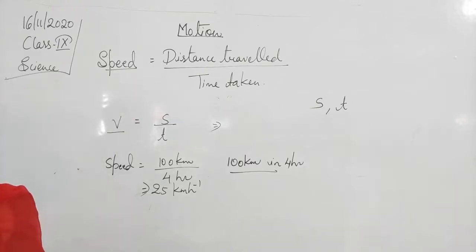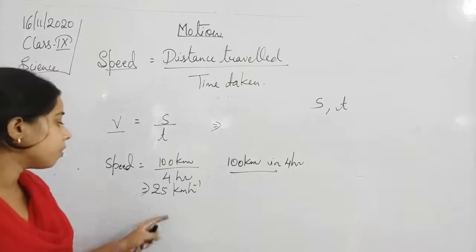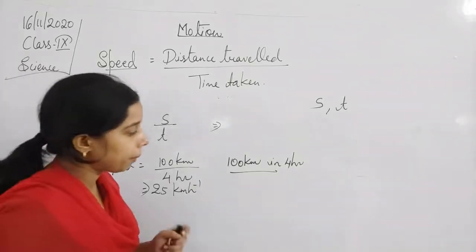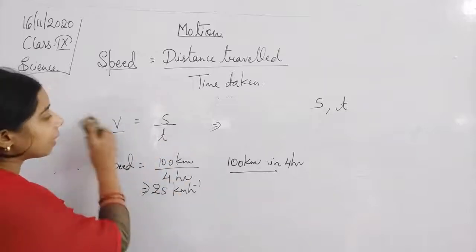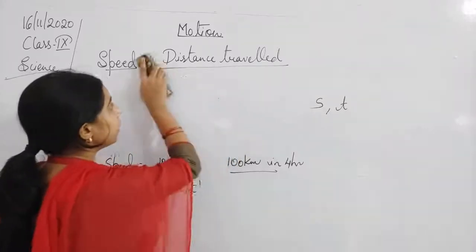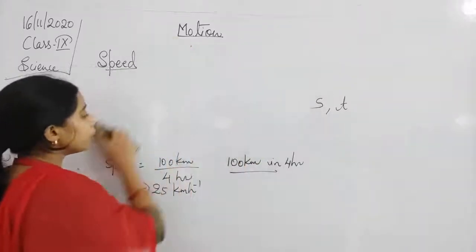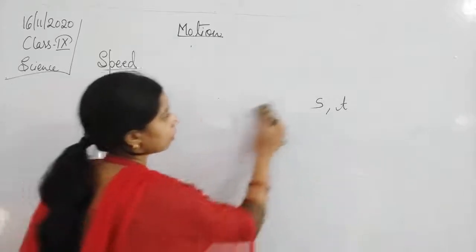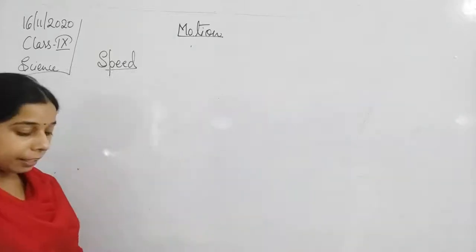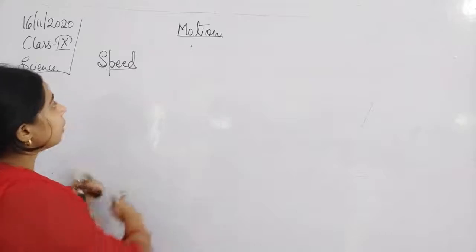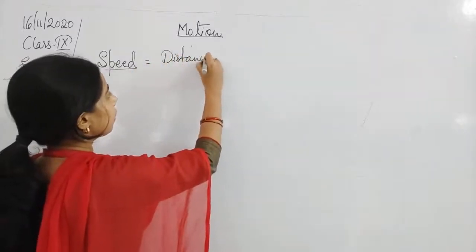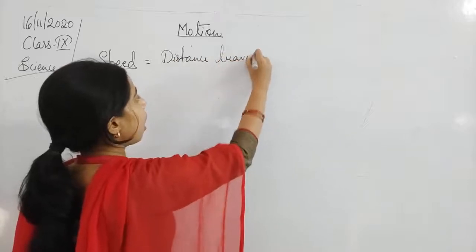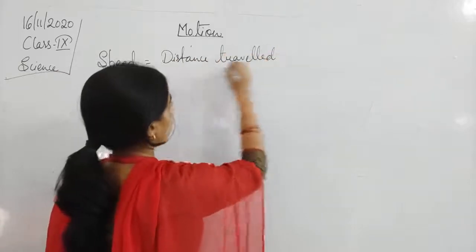Now you see, here students, we have written 25 kilometers per hour. Now let us see what the SI unit of the speed is. We can find the SI unit also. Speed is equal to distance traveled upon time taken.